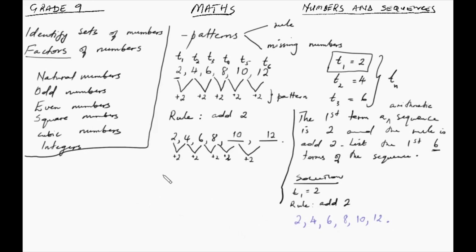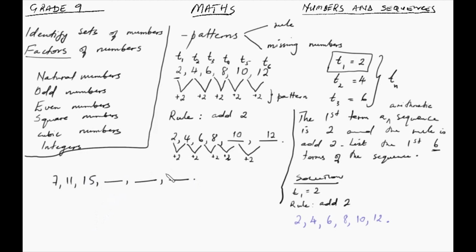Let's take one example. Let's say you have this sequence: 7, 11, 15, dash, dash, and dash.